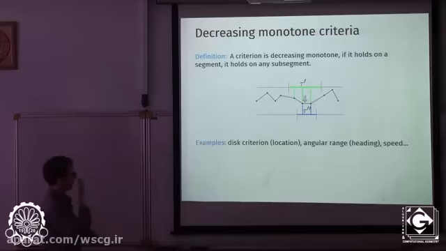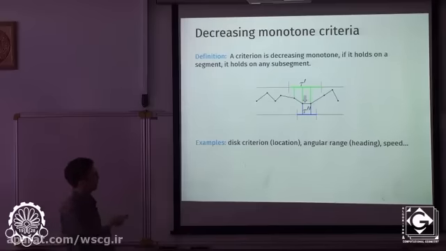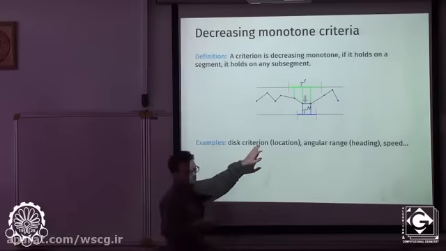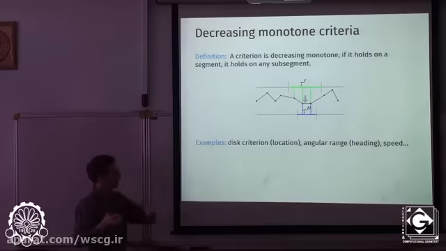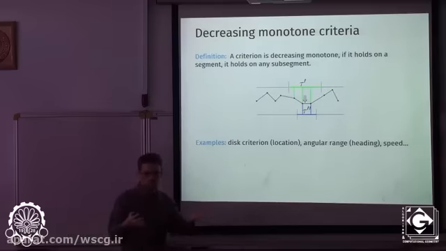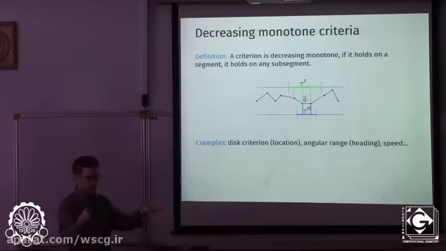And if we have a decreasing monotone criterion, let me first put up one more criterion, and that will be useful for the geese, a disk criterion. So if you think of saying all the points should be in a disk of radius 30 kilometers, then if I make my sub-trajectory shorter, this property will still be true.